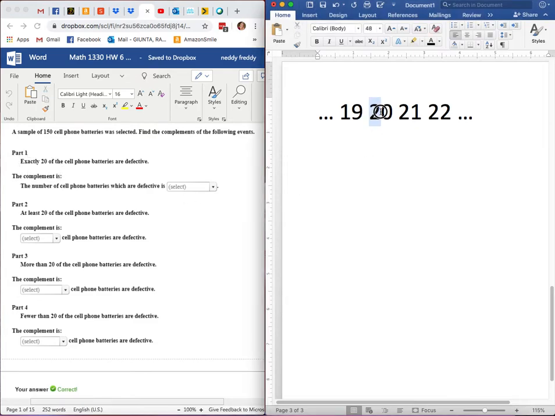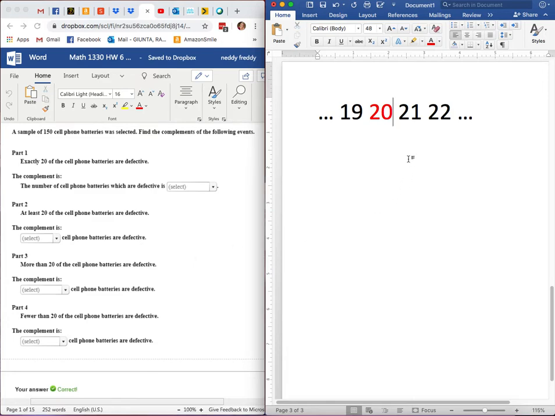So exactly 20, of course, only includes the number 20. So I'm going to highlight that. And so the complement of it is all the numbers that are not 20. And they'll give you some different options here in the pull down. I think it would be something like more than 20, less than 20, or not equal to 20.